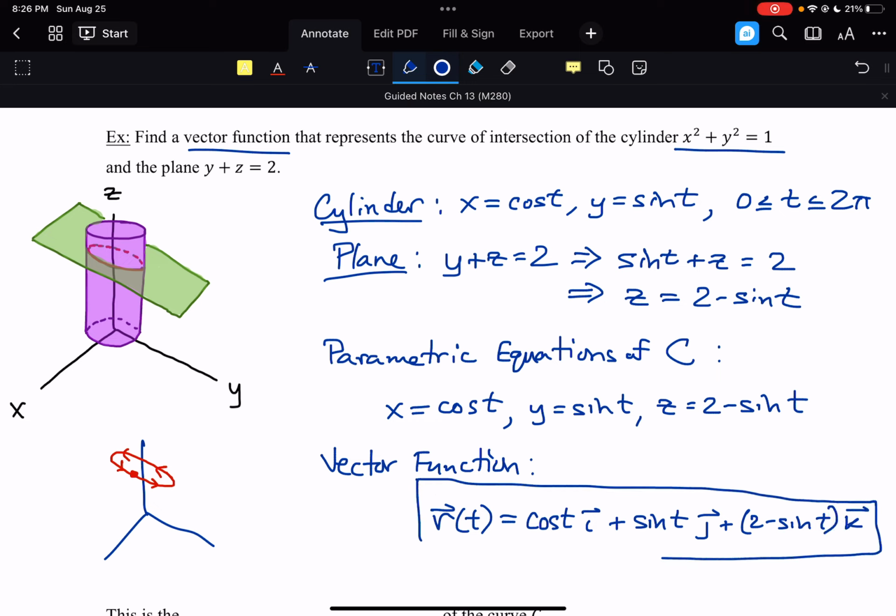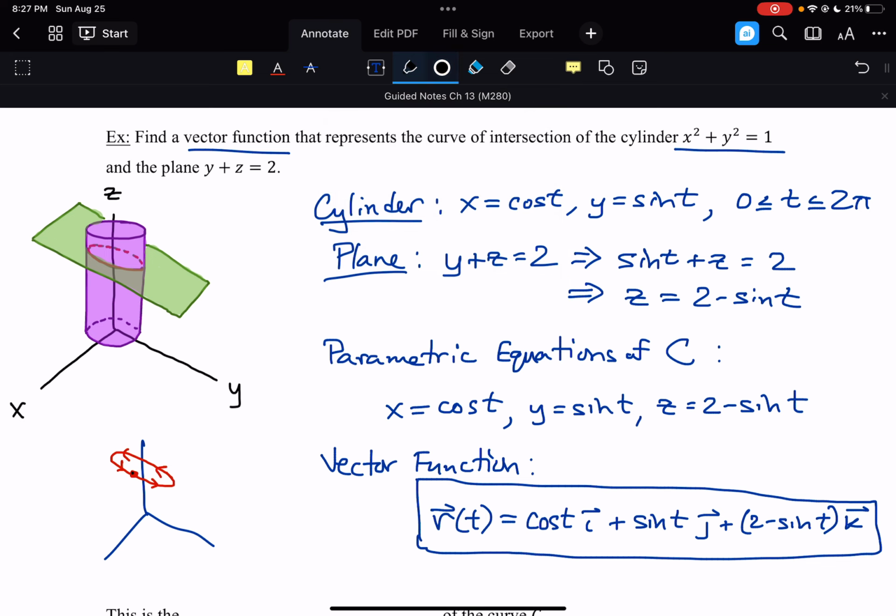And this is our vector function for this curve of intersection. So this red curve, that is its vector function. That is how we describe its points.